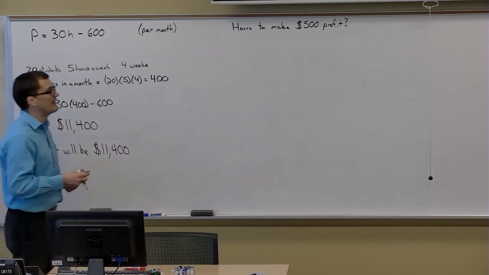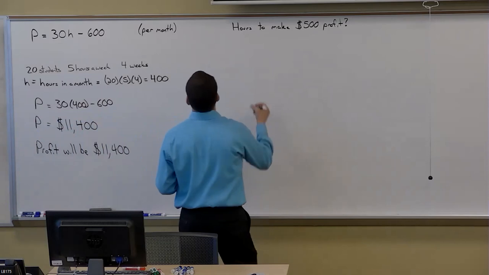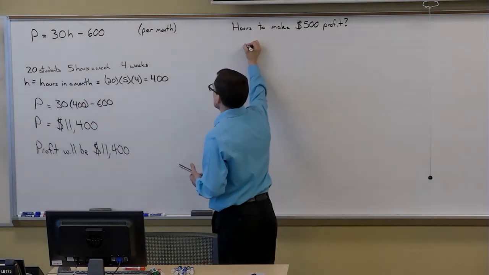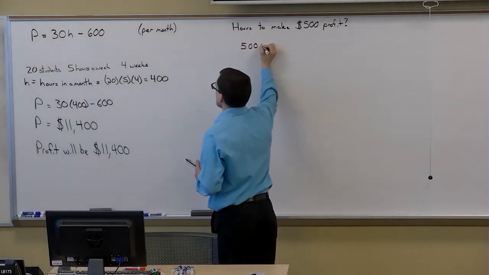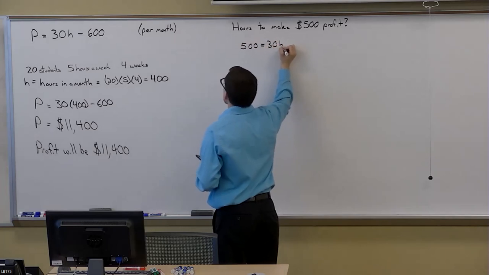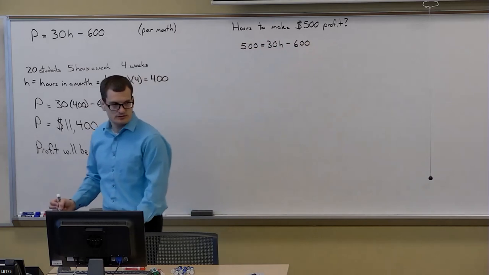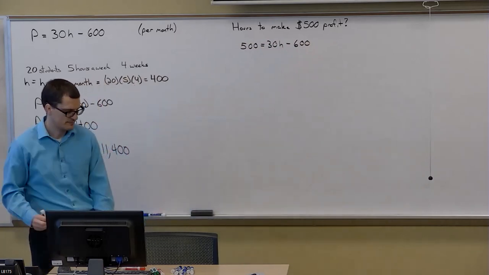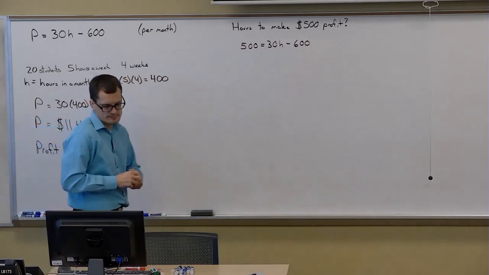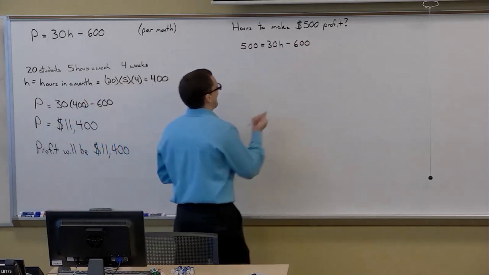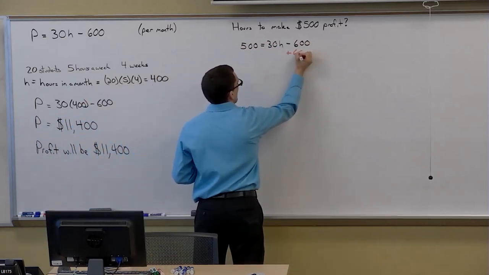If we want to make $500 in profit, or if these two guys want to make $500 in profit, we're solving this equation. So we're going to add 600 to both sides.